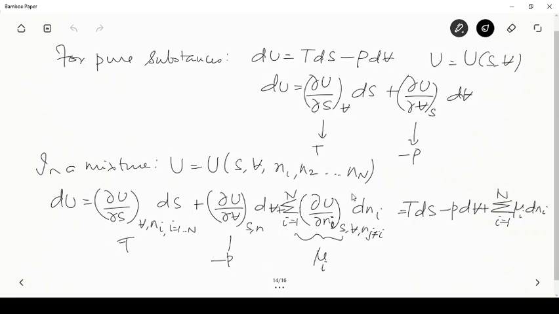So you get a summation of del U by del Ni into dNi, where S, V and Nj, j not equal to i, are kept constant.